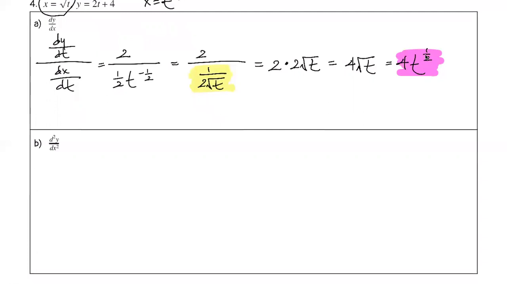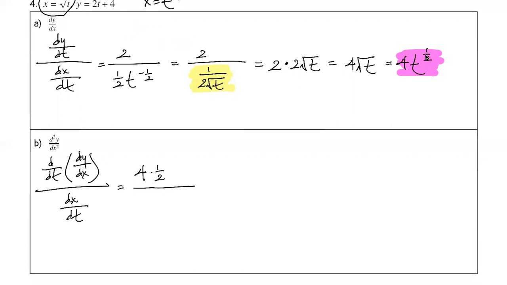So here we go. d dt of dy dx over dx dt. My numerator is going to be the derivative of 4t to the 1/2, which is 4 times 1/2 t to the negative 1/2.